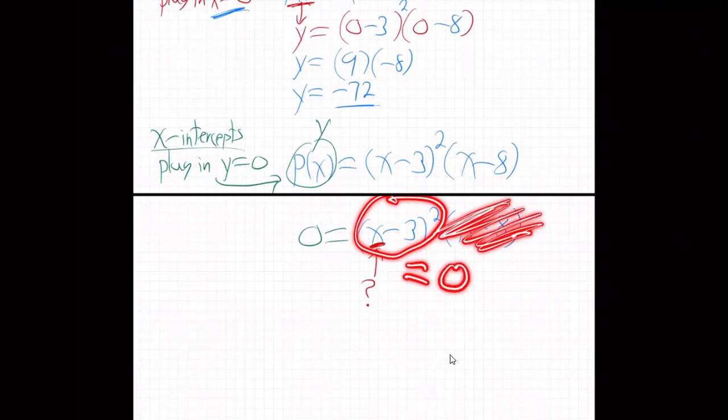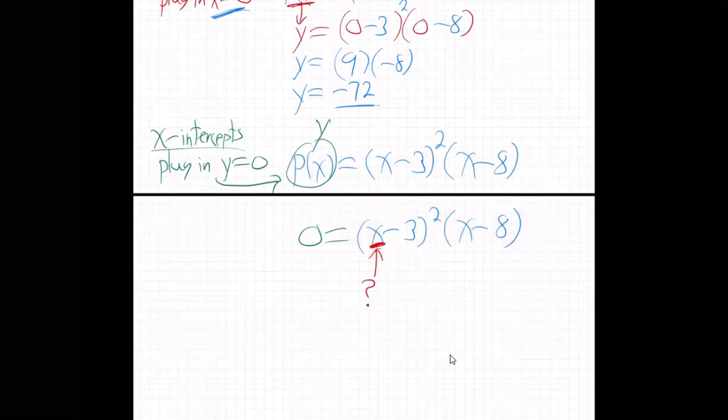What do I have to plug in for x to make it 0? What minus 3 will be 0? 3. Yeah, you're probably thinking, is that a trick question? Yeah, 3. So x = 3 will make it 0. And what about here? What do you plug in here to make this 0? Well, clearly 8. So do you realize 3 and 8 make the whole thing 0?